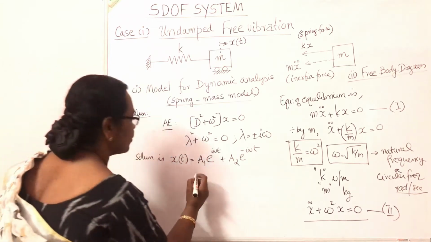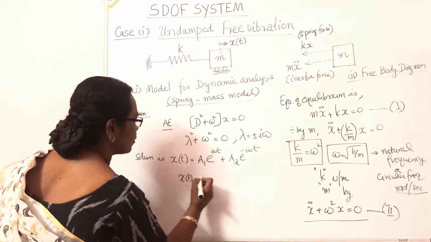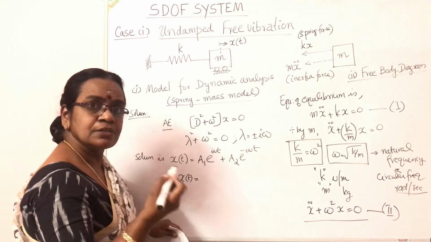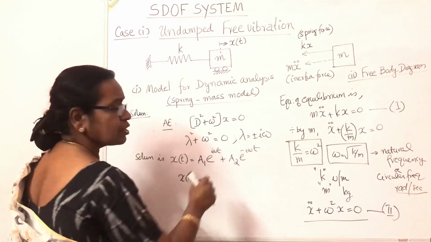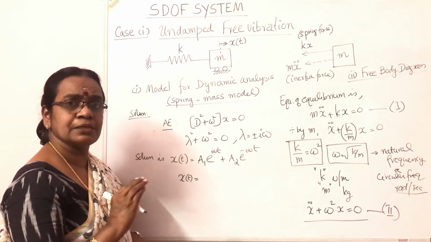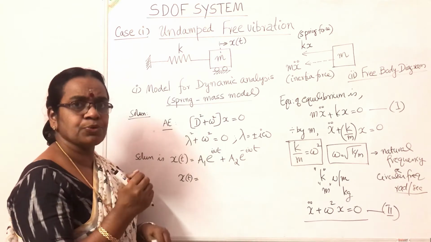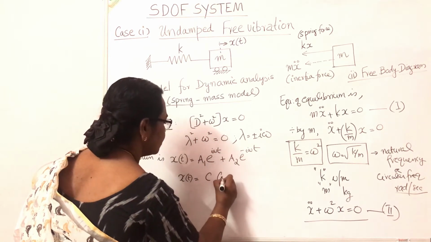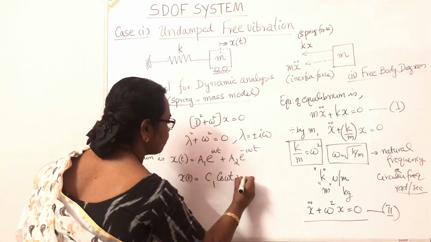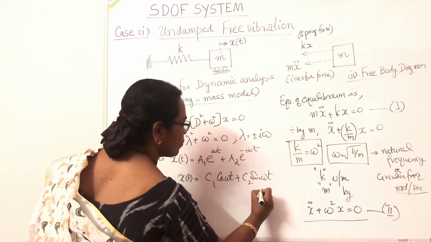Expanding this and rearranging, we can write it as: e raised to i omega t is cos omega t plus i sin omega t, and e raised to minus i omega t is cos omega t minus i sin omega t. Then, grouping the similar terms together and defining two new coefficients, x is equal to C1 cos omega t plus C2 sin omega t. This is equation 3.